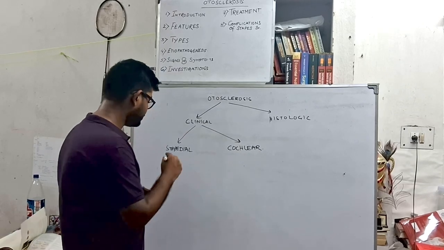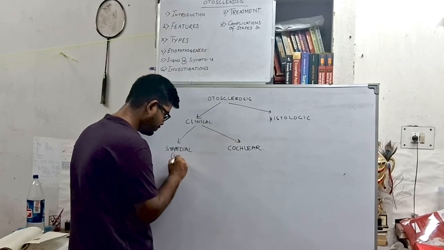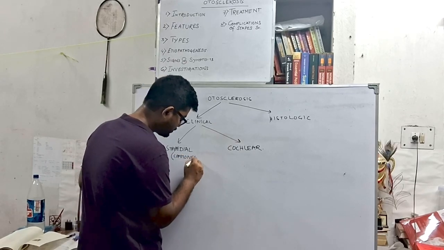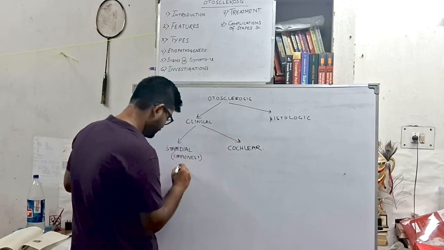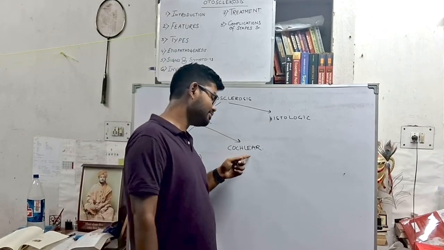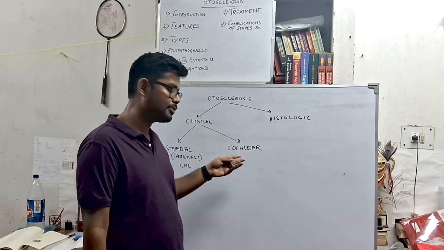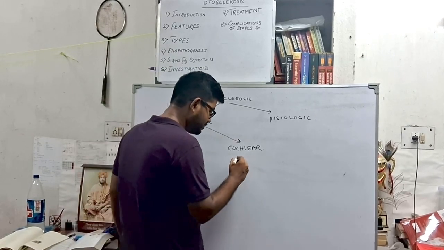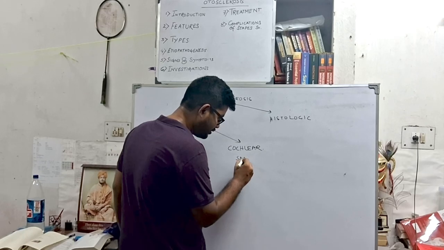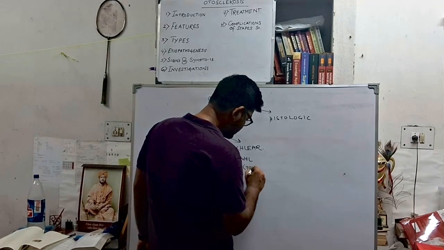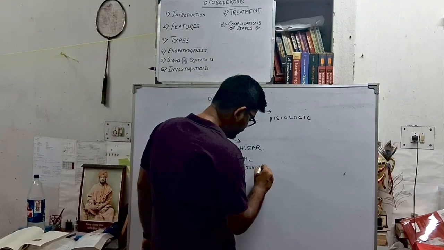Stapedial otosclerosis is the commonest type of otosclerosis, and it presents with conductive hearing loss. Cochlear otosclerosis is due to involvement of the otic capsule of the round window or the bony cochlea, and this presents with sensorineural hearing loss. It is due to release of toxins in the inner ear fluid.